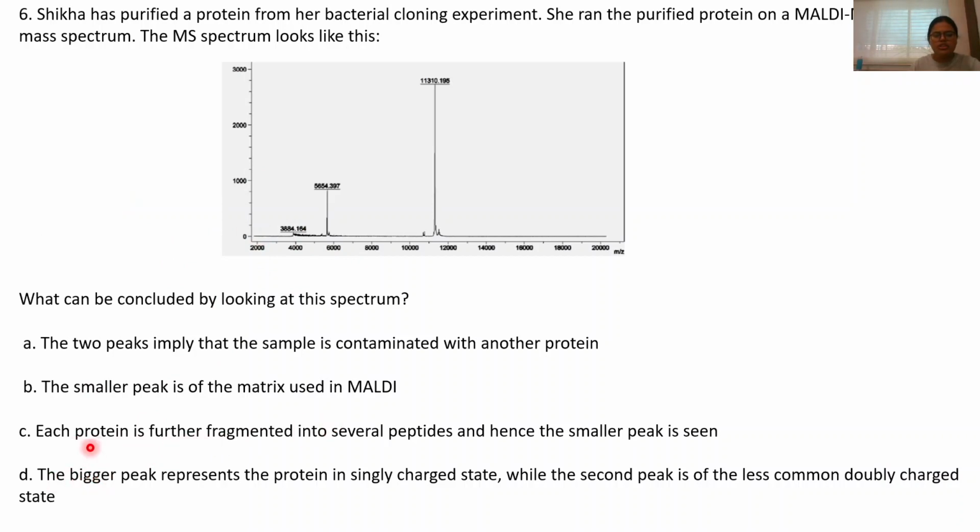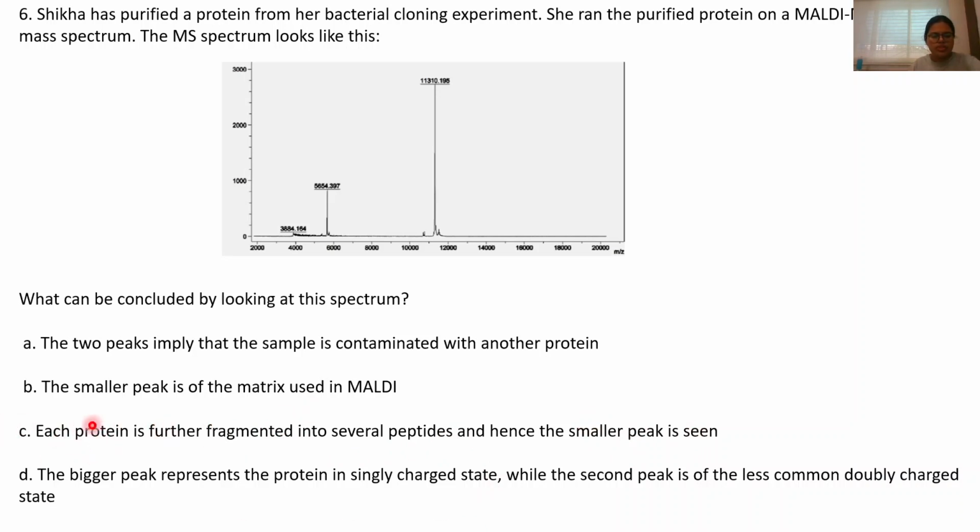Just going through the other options: two peaks imply that the sample is contaminated, so this is incorrect. The small peak is of matrix used in MALDI, so no, it's not of the matrix. And the protein is further fragmented into several peptides and hence the smaller peak is seen. That is incorrect.